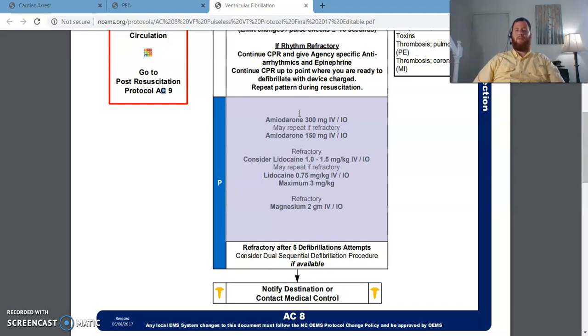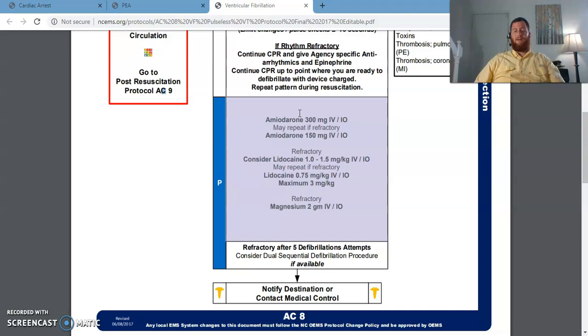So amiodarone, our dose is 300 milligrams IV push. So this is not a drip. We're not mixing this in a bag and giving it over 10 minutes like we do for VTAC with a pulse. We're giving 300 milligrams IV push in the IV. Most everything that we give in cardiac arrest is going to be IV push.